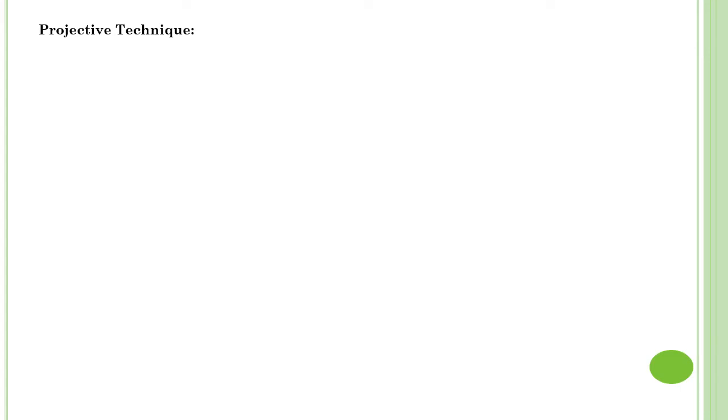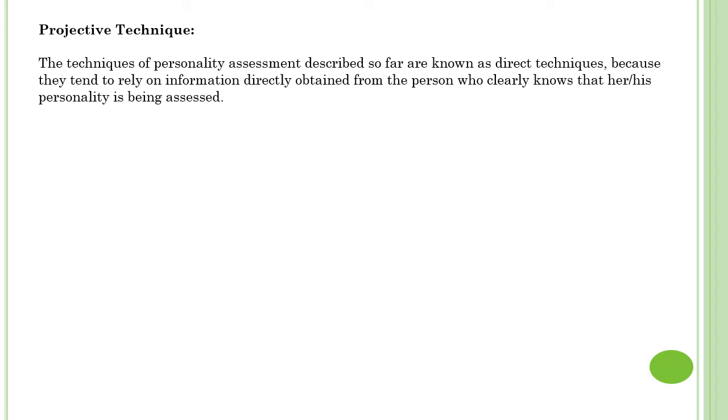Let us know what projective techniques are. The techniques of personality assessment described so far are known as direct techniques. Why? Because they tend to rely on information directly obtained from the person who clearly knows that her or his personality is being assessed.